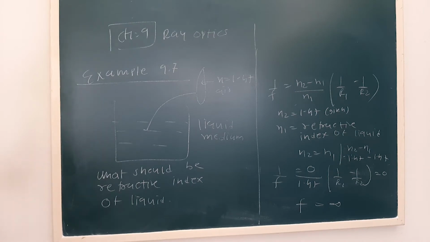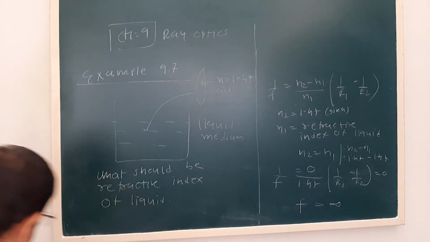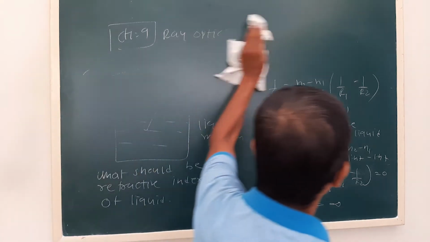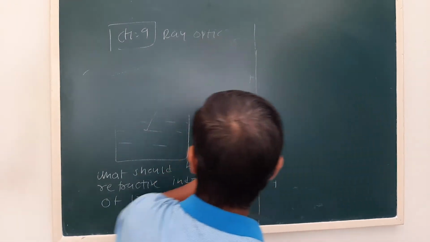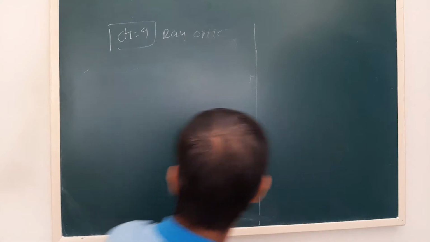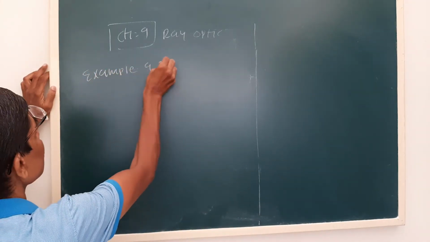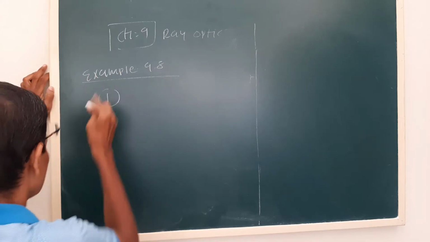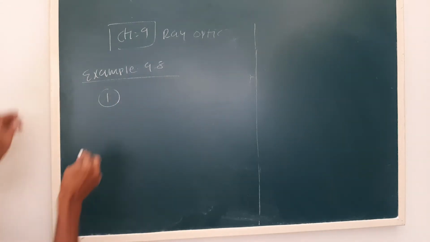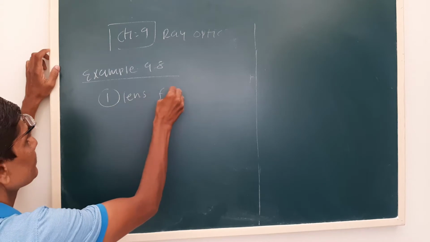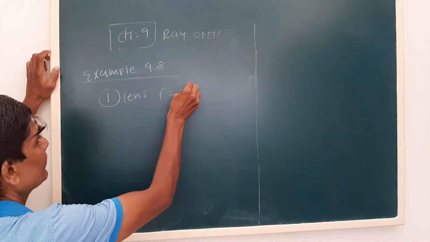Now next is example number 9.8. It is made up of 3 parts. See part 1. For a lens, focal length is 0.5 meter.